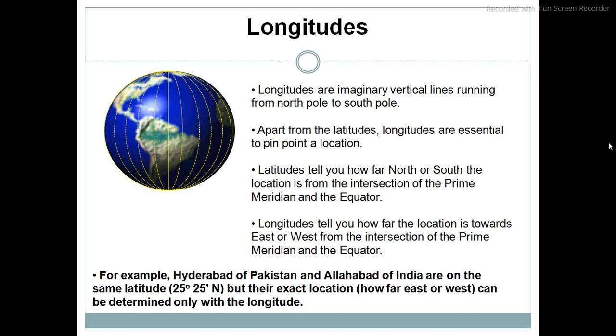Next, latitudes and longitudes. All the cadets, please observe the latitude and longitude. All longitudes meet at the North and South Pole, but the latitudes are parallel lines which do not meet.